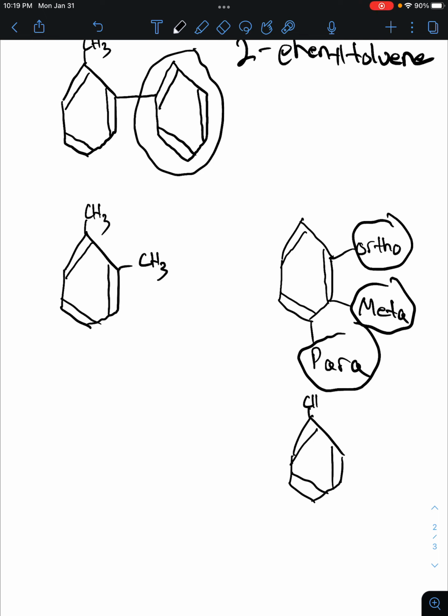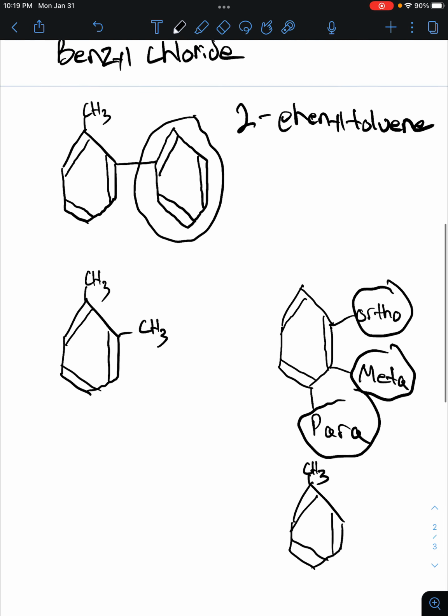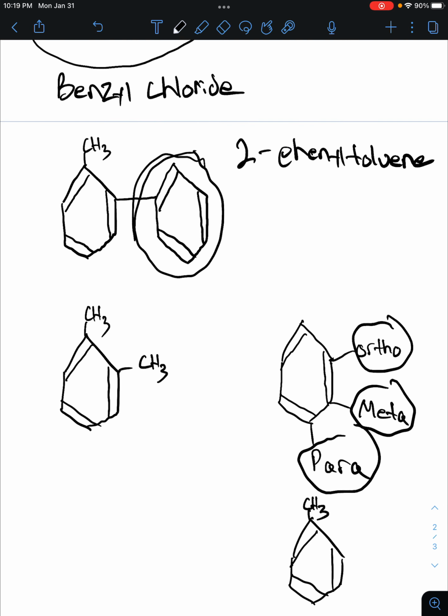So if you got this on here, that's called toluene. And say if we have a phenyl group here, we would simply name this ortho phenyl toluene.